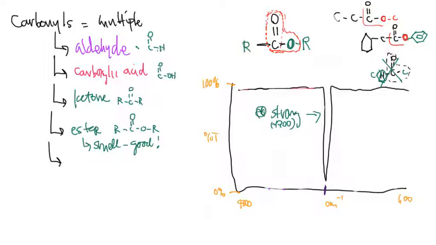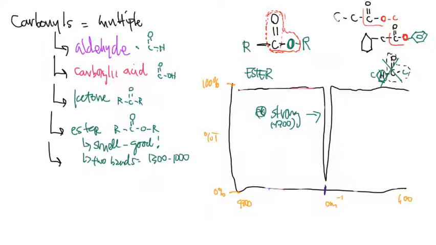Okay, so for an ester, the ester has to show the 1700 peak, and it typically has two bands. The esters have two bands, two sisters. Esters have two sisters.